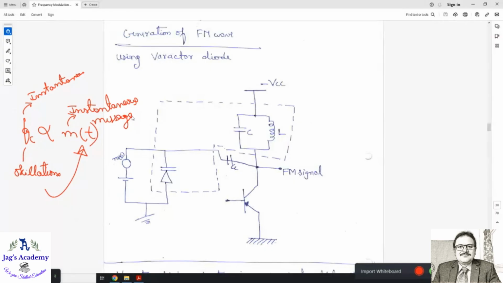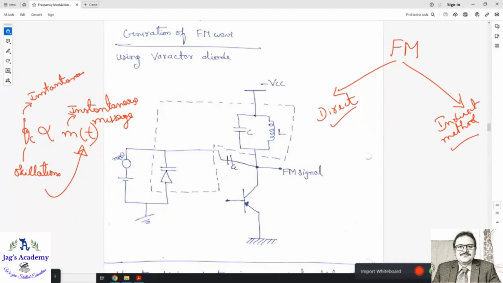There are two ways of generating an FM wave. One is called the direct method, and another is called the indirect method.